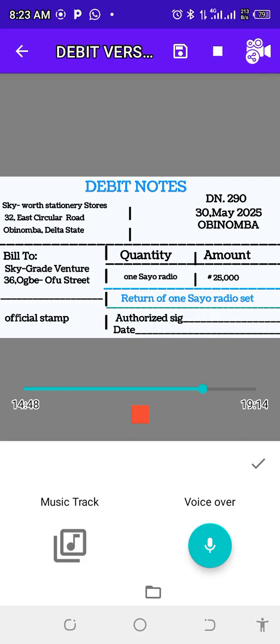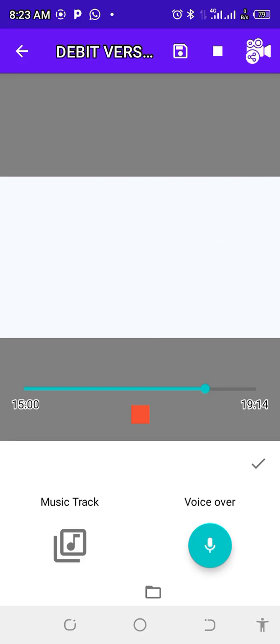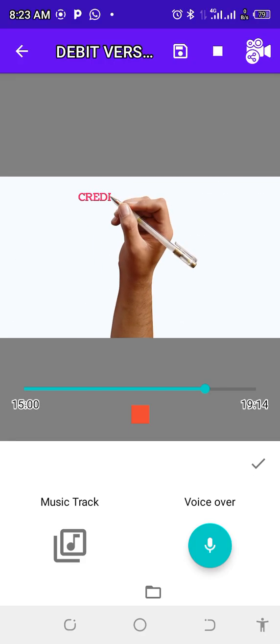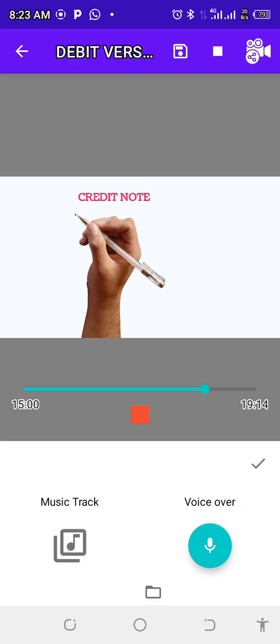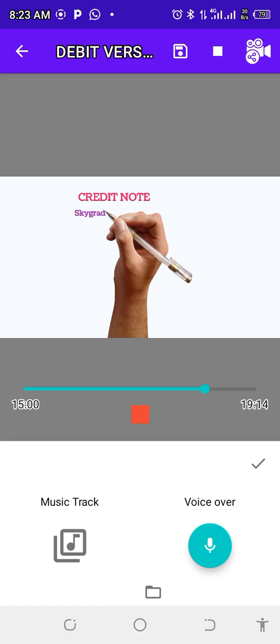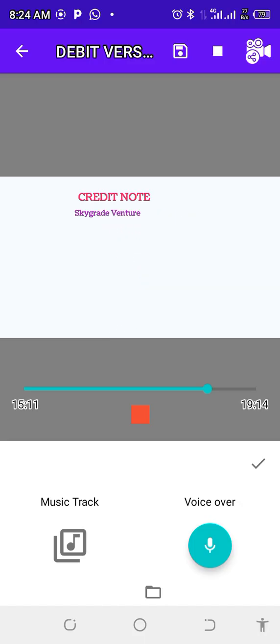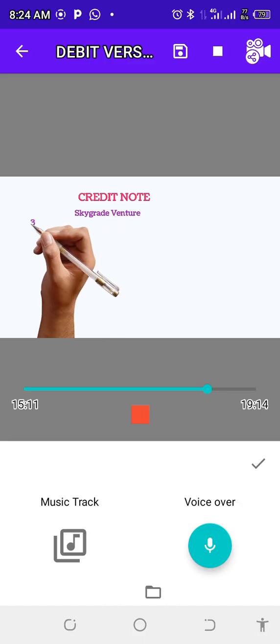You can see the credit note from Skyward Venture, number 36 Ogbofu Street, Open Number, Delta State, Nigeria. The credit note number is 306, and the date of issue is 22 June 2025.